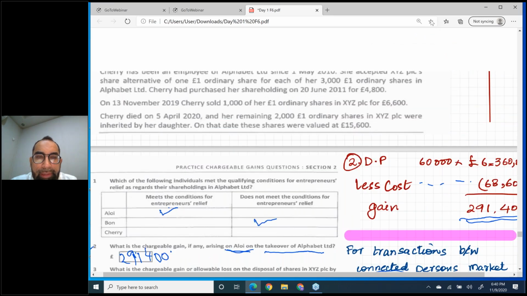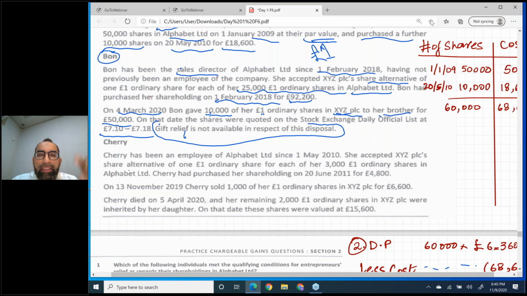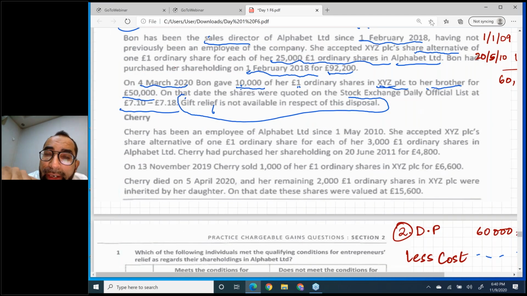Now the third shareholder, Cherry. Cherry has been an employee of Alphabet Limited since 1st May 2010. Oh, great news, almost 10 years. Looks like she might meet the conditions.